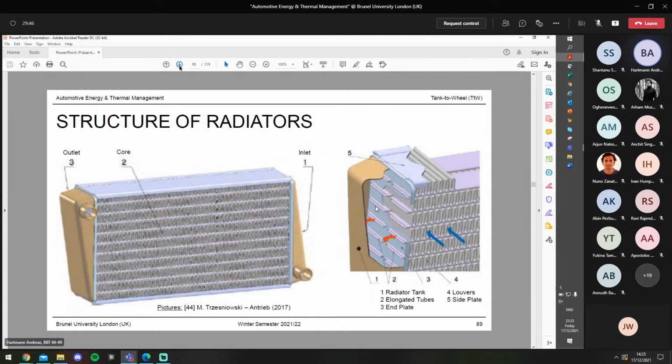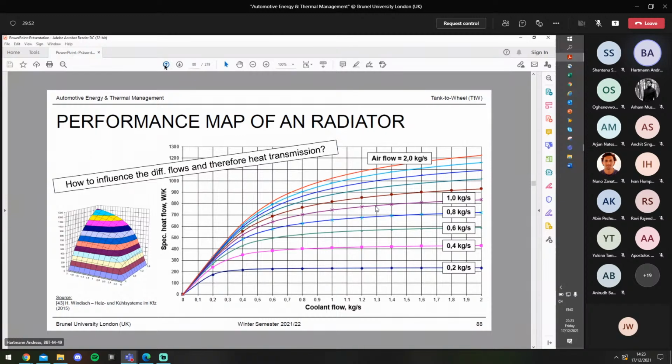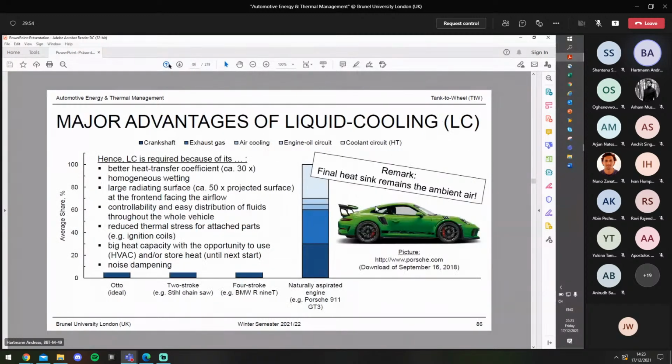Okay, great. Then in the next picture, we can see the structure of radiators. As I just mentioned, one of the major advantages of the liquid cooling is that the radiating surface may be about 50 times higher than the projected surface.